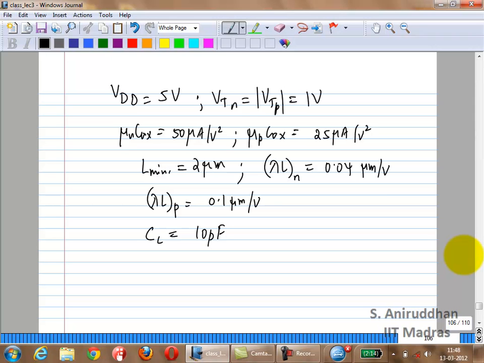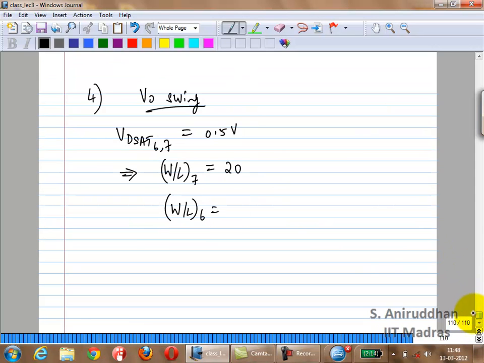Right, 40. Why? Because mu n Cox and mu p Cox are related by a factor of 2. Right? One is a PMOS, other is NMOS. They have the same bias current. Mu n Cox is 2 times mu p Cox. VDSATs we are designing to be the same. W over L of the PMOS has to be double that of the NMOS.